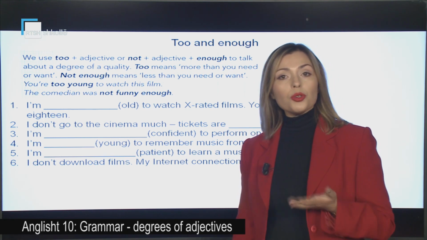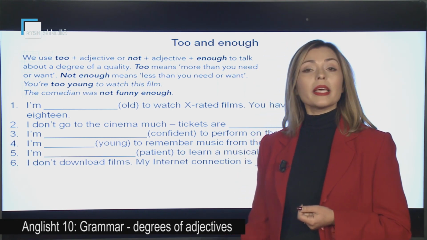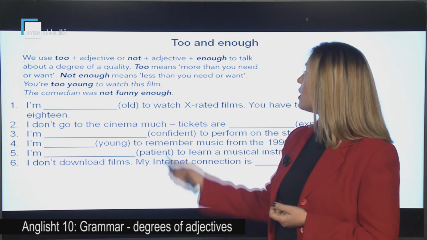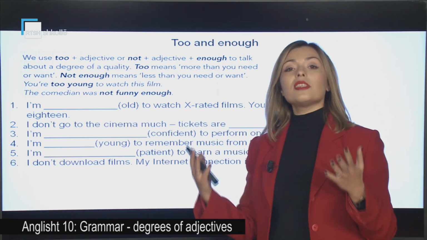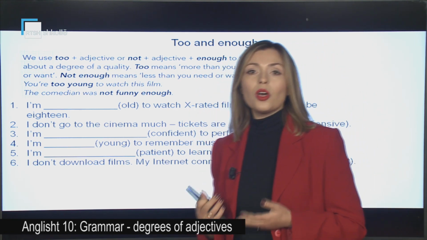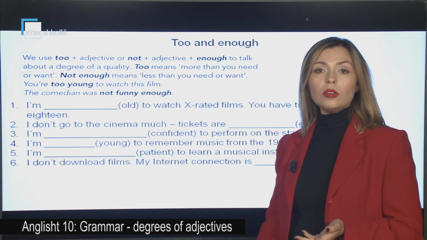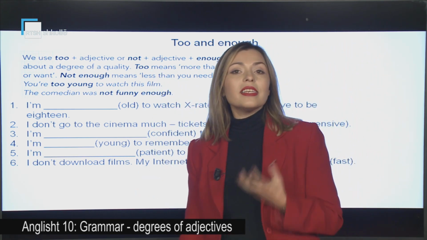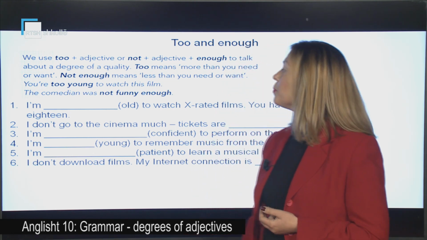If we say you are too young to watch the film, no, this person cannot see this film because he is more than is needed. Let's say this is the general structure of too. When something is more than we need or we want, we use too. And too has, let's say, a negative notion. It's something that you cannot do.